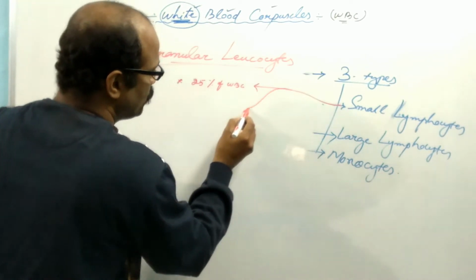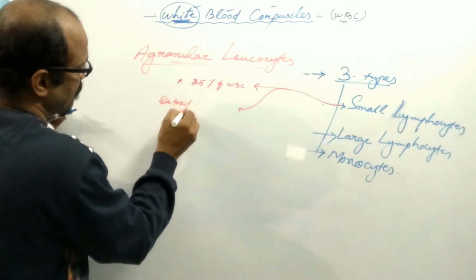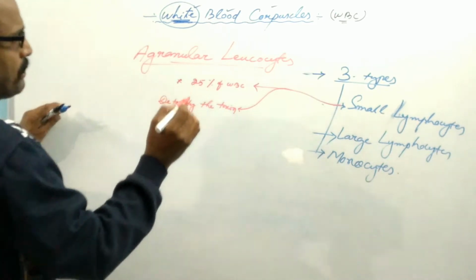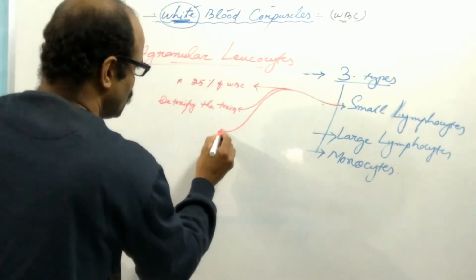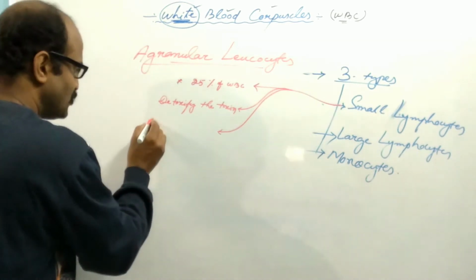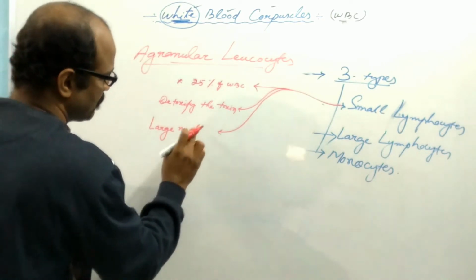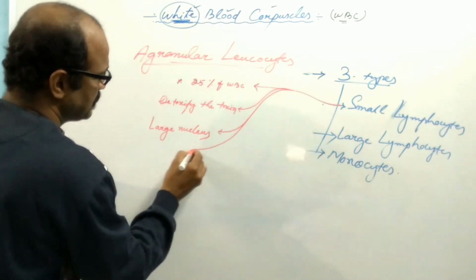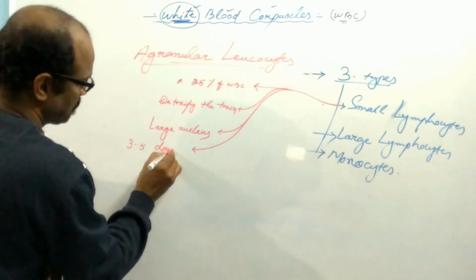Such small lymphocytes detoxify the toxin, and have a large nucleus, and the lifespan may be 3 to 5 days.